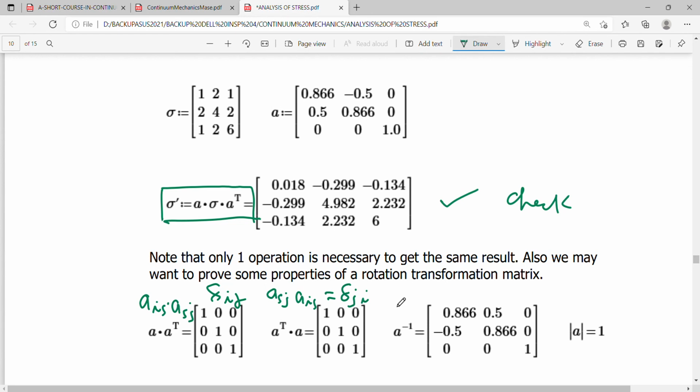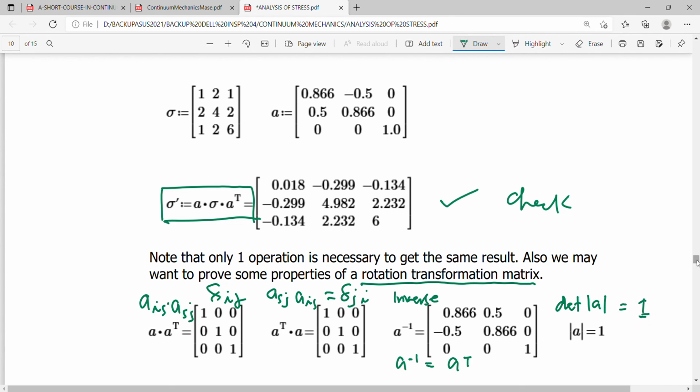The inverse of A, okay, so this is a matrix inverse, is equivalent to its transpose. Okay, so the matrix inverse is equivalent to the transpose of the matrix. We're always referring to the rotation transformation matrix. This is not true with other matrices. And the determinant of a transformation matrix is equivalent to 1. So this is a determinant of A is equal to 1.